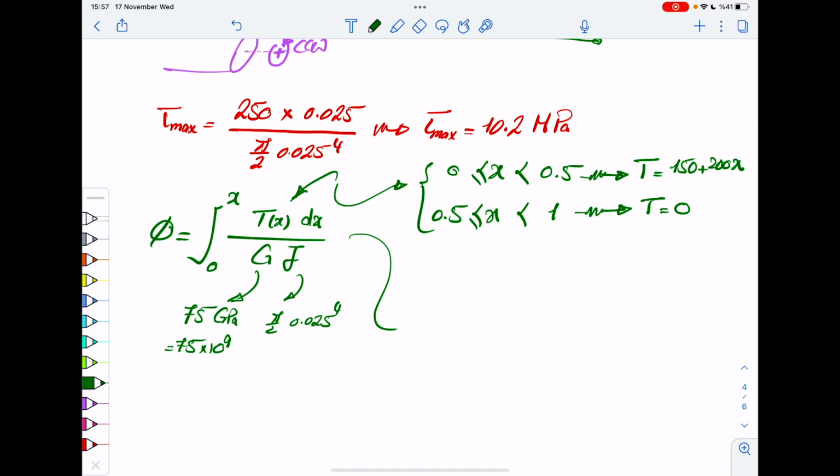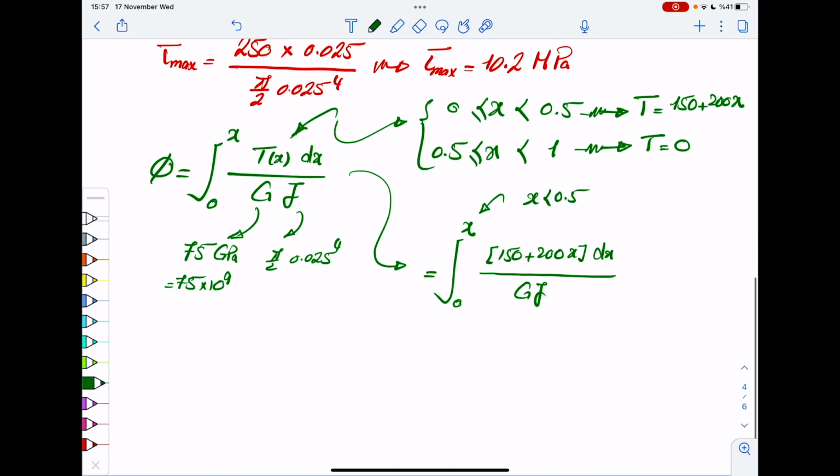So you just say this would be basically an integral from 0 to x, where x is less than 0.5, of (150 plus 200x) dx divided by GJ, as I mentioned.